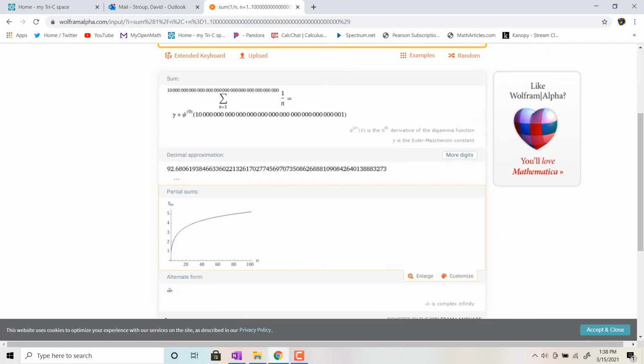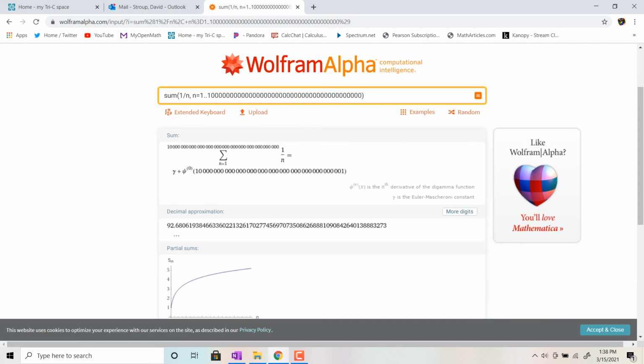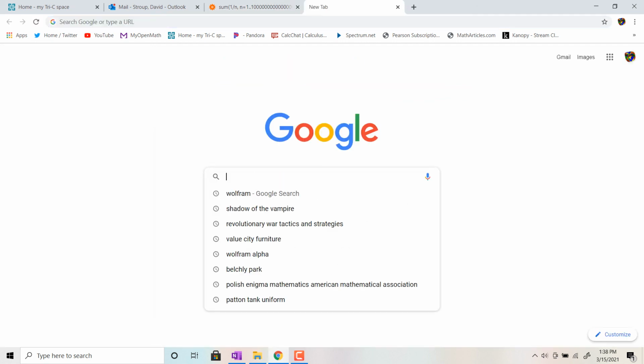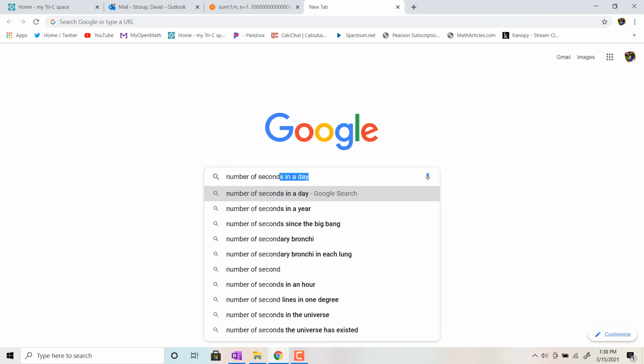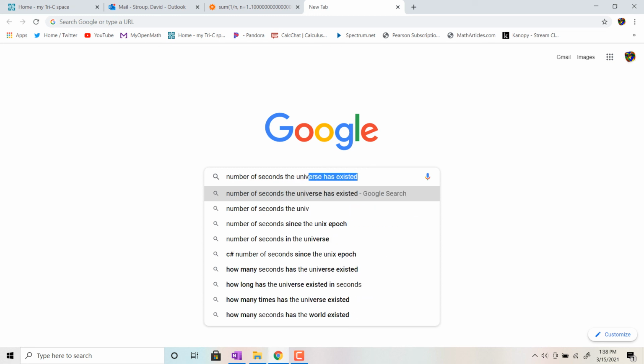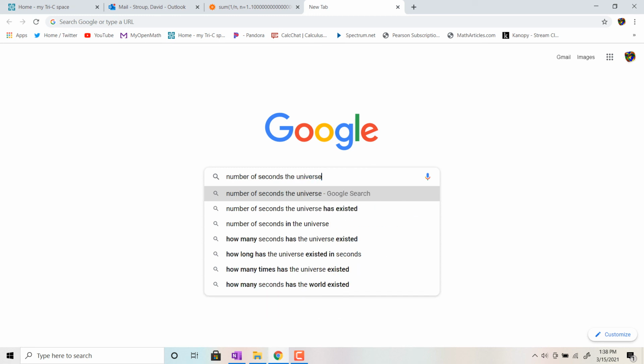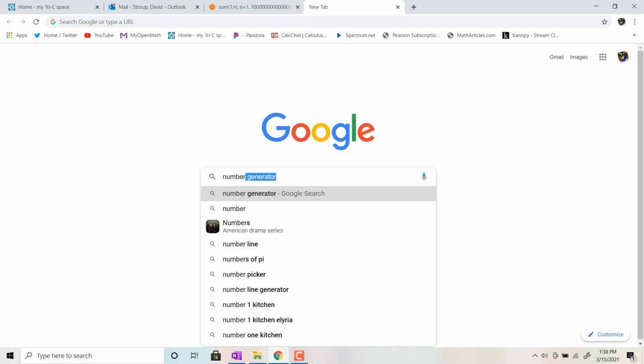It's still at 92 after that. So literally, you could probably sum this to the number of seconds in the universe. Now, what is the number of atoms in the universe?